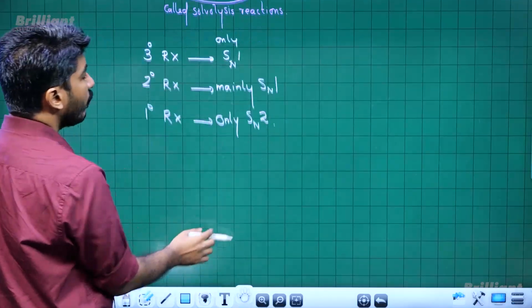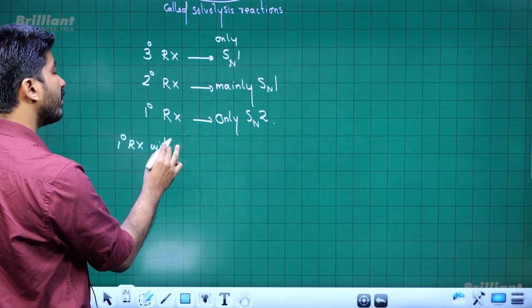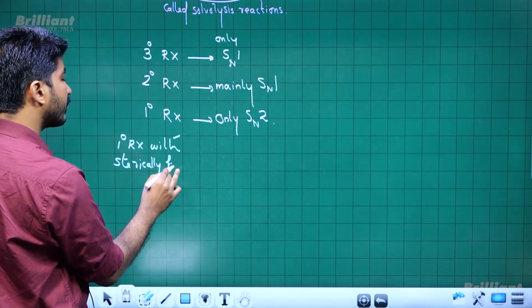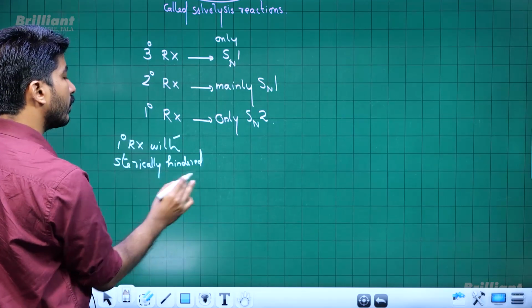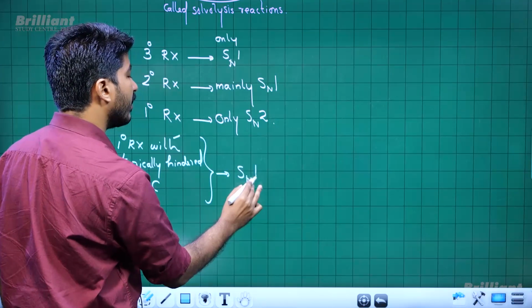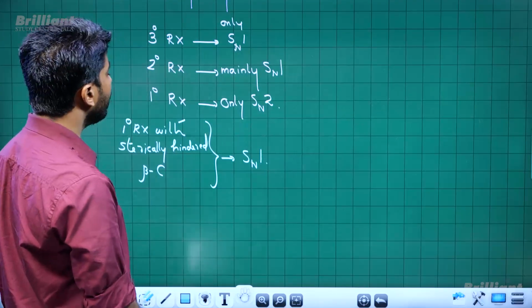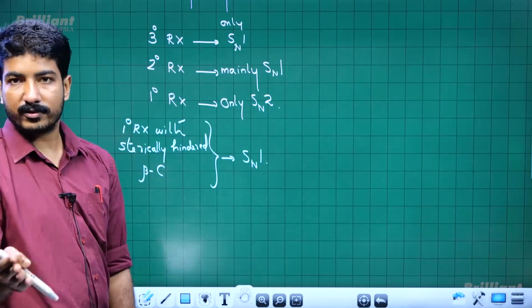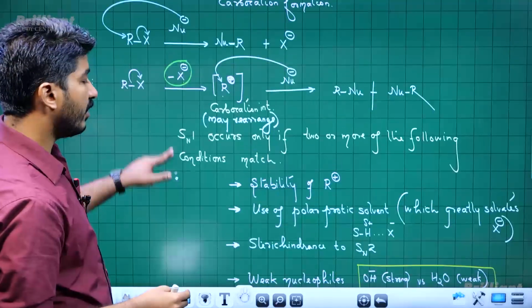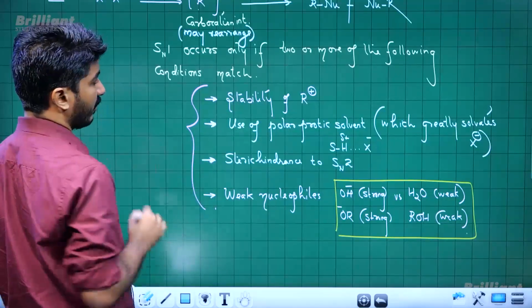Yes, primary haloalkane only SN2, but with a sterically hindered beta carbon, in that case SN1 reaction can occur. Whenever there is a steric hindrance for SN2 attack, then also SN1 can occur. That was one of the points we had listed in the factors governing SN1 reaction, right?